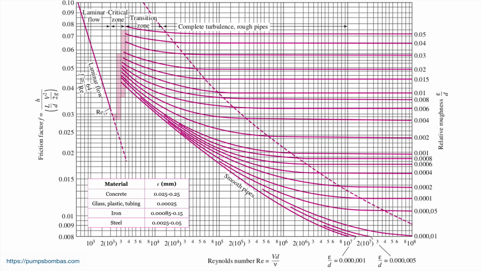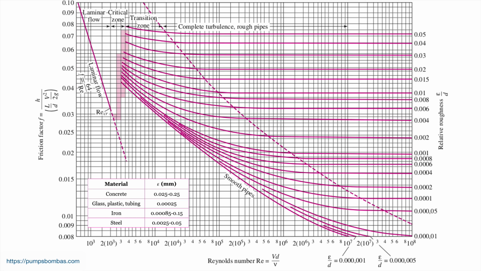Inside the graphic, we have this small table in the left bottom corner with materials, for example concrete, glass, plastic tubing, iron, steel. To the right, we have the absolute roughness in millimeters.